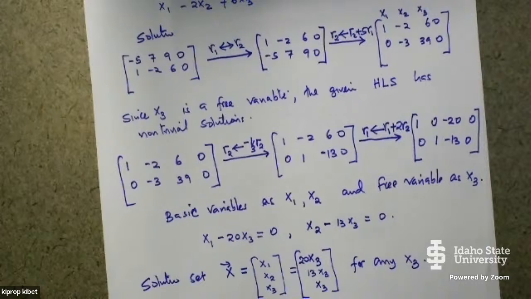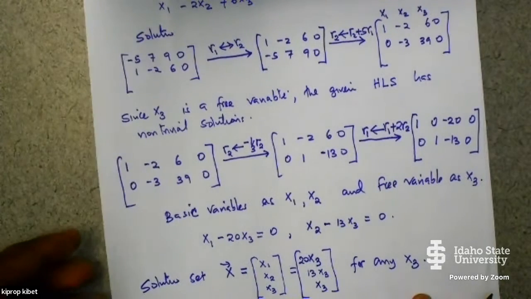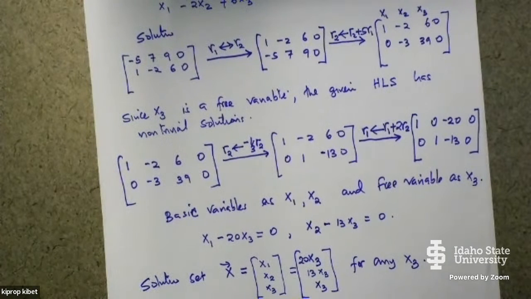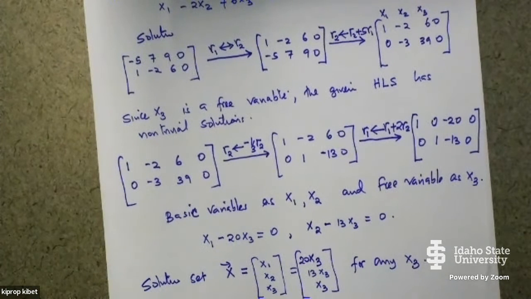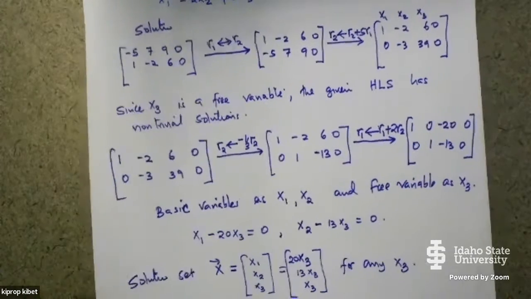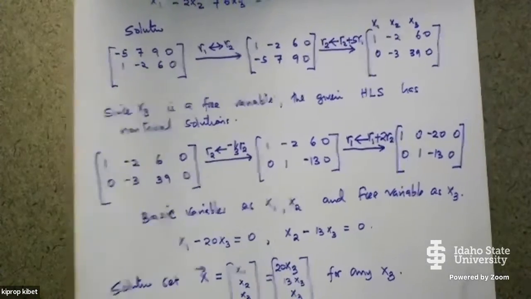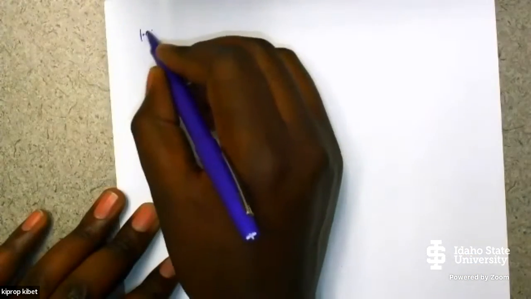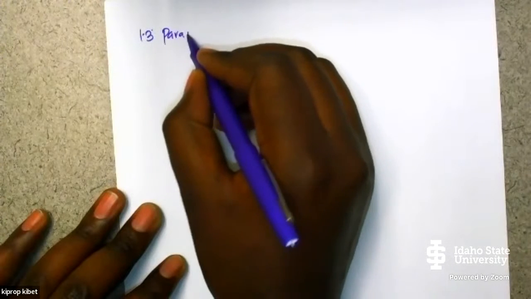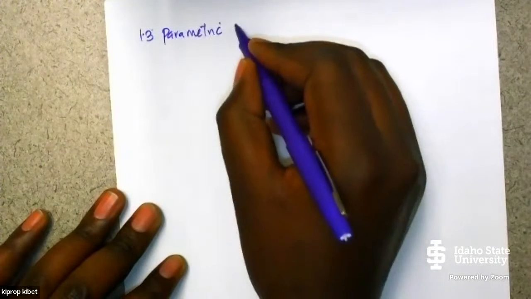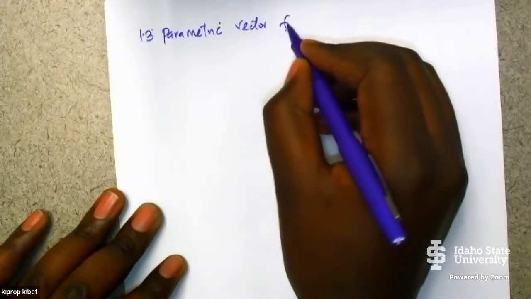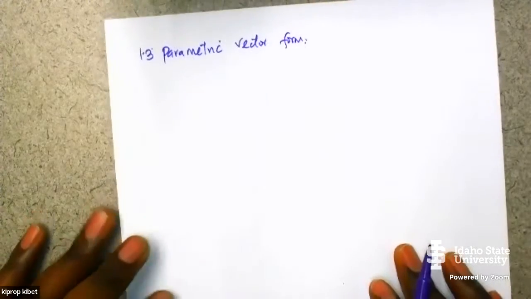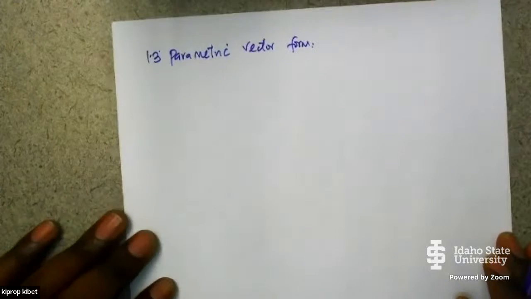Now, this will take us to another section, which is called the parametric vector form, section 1.3.